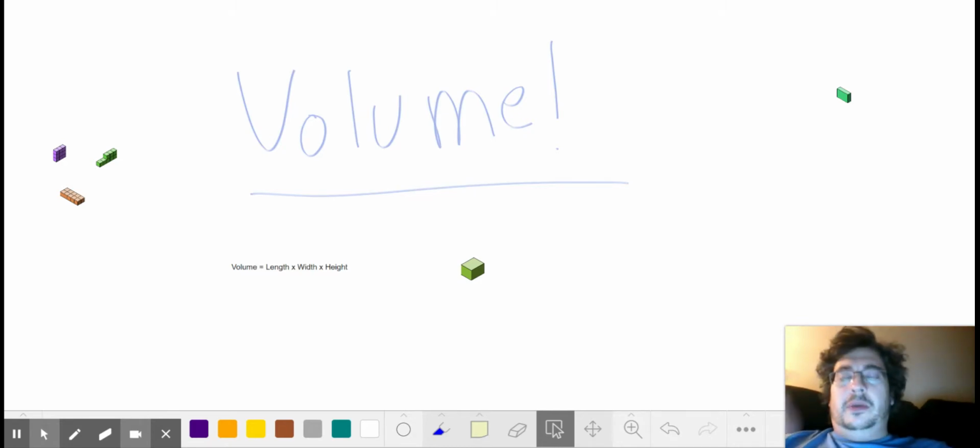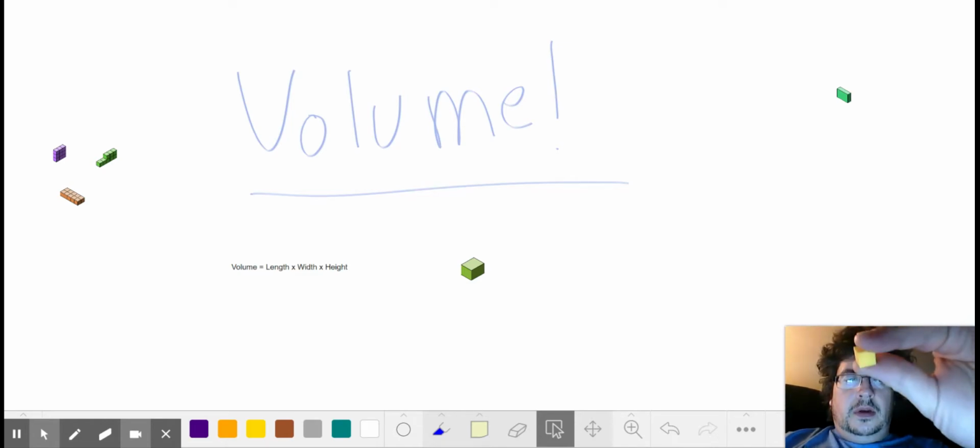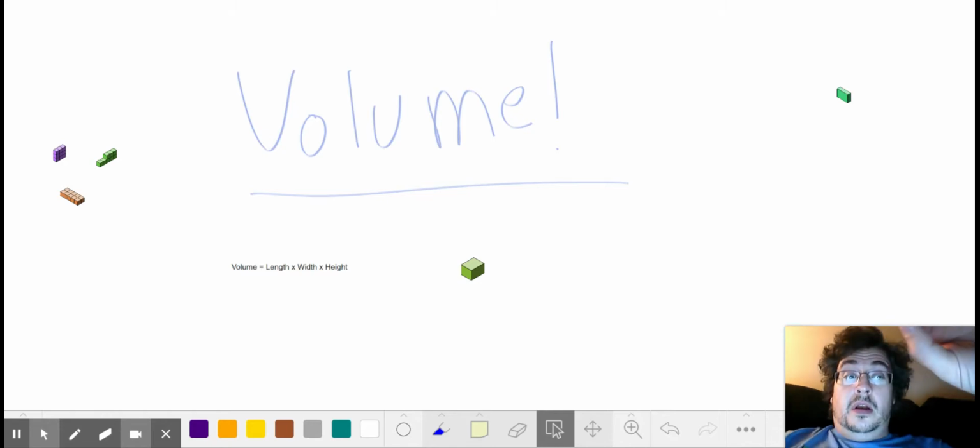Now, one of the ways that we measure volume is by using this. This is a unit cube. And we call it a unit cube because every side is exactly the same length, or it could be one.